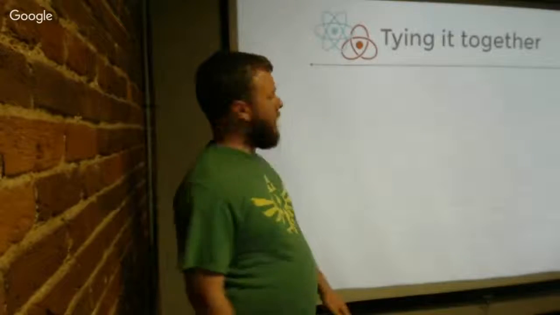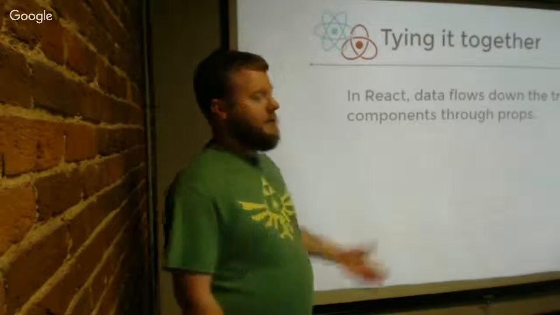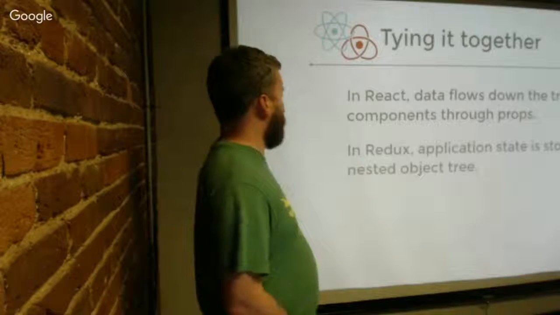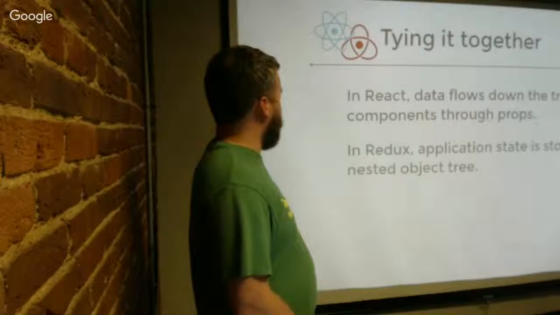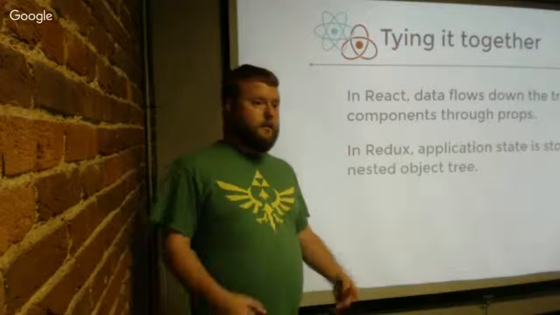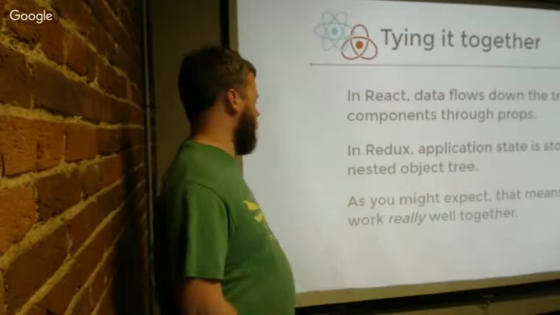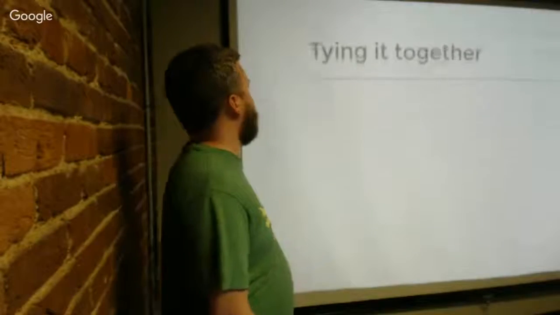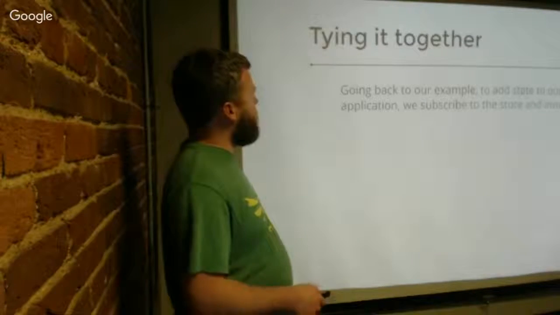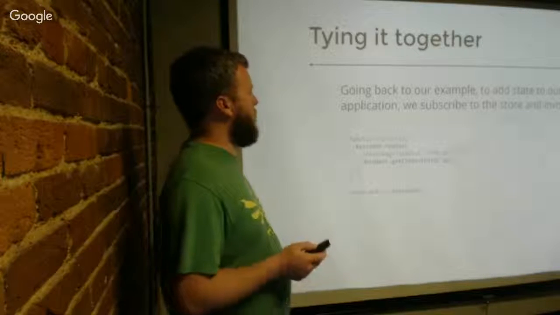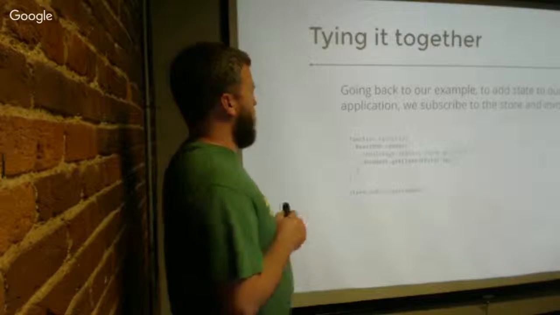So tying it all together, in React, data flows down the tree of components through the props. In Redux, application state is stored as a nested object tree, right? So as you might expect, this means they work really well together. Going back to our example, to add state to our application, we subscribe to the store and invoke render.